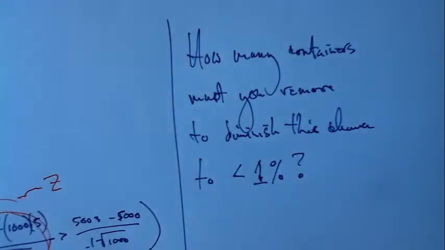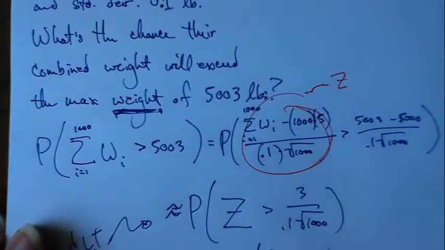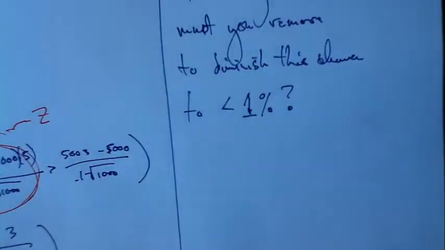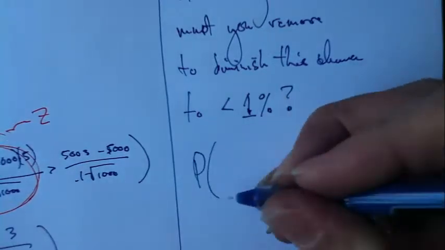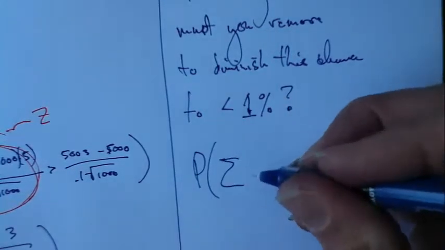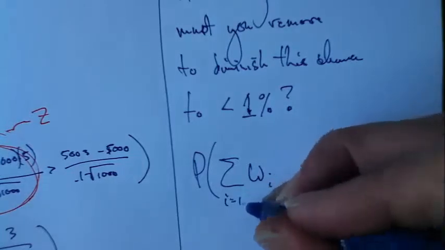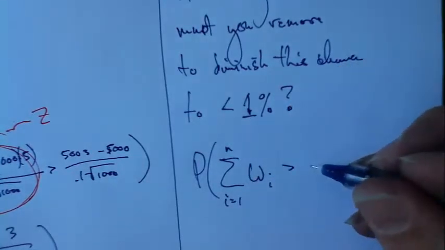In fact, I don't really want to go through all of this stuff again. The chance that this sum, i goes from 1 to n, exceeds 5,003.